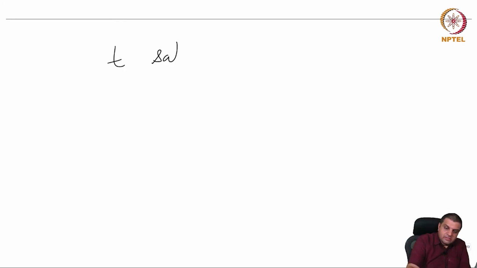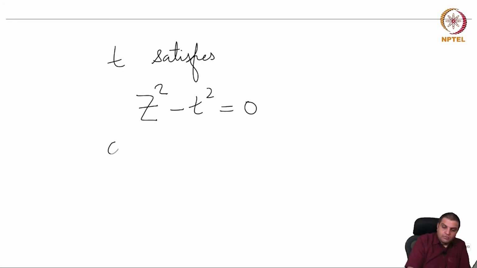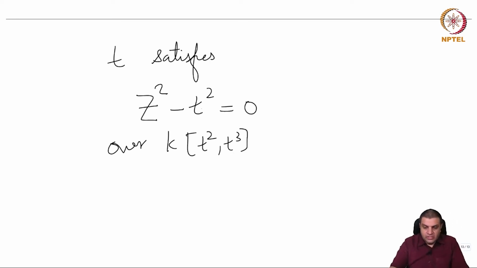t satisfies, let me just use a different variable now, Z squared minus t squared equals 0 over k[t squared, t cubed]. Okay. This t squared is from here, this Z squared is a variable, and that is where we substitute t.